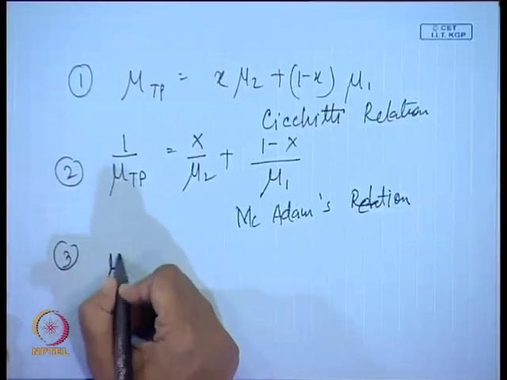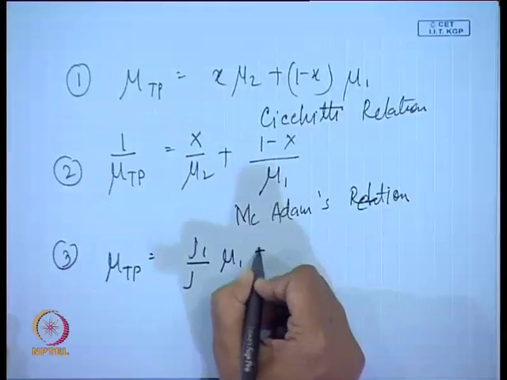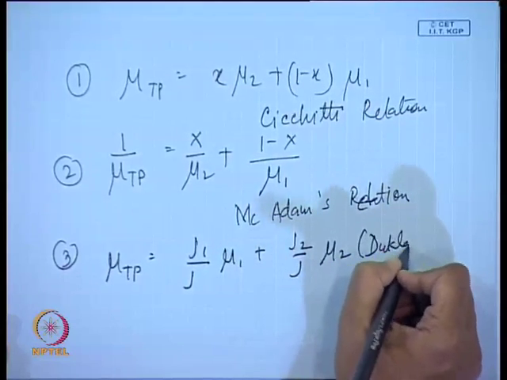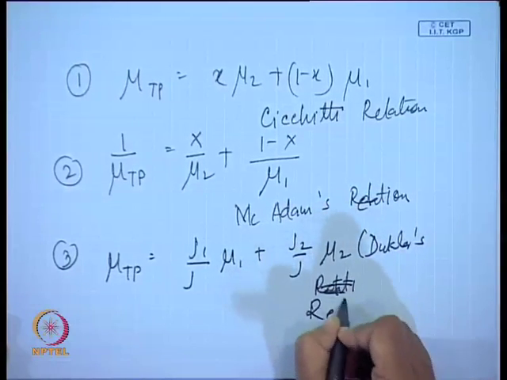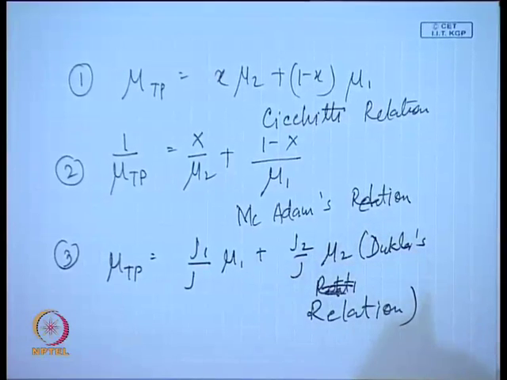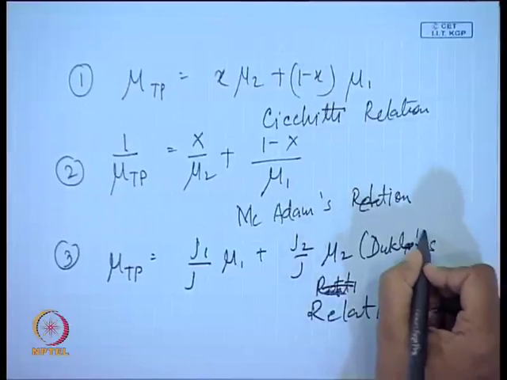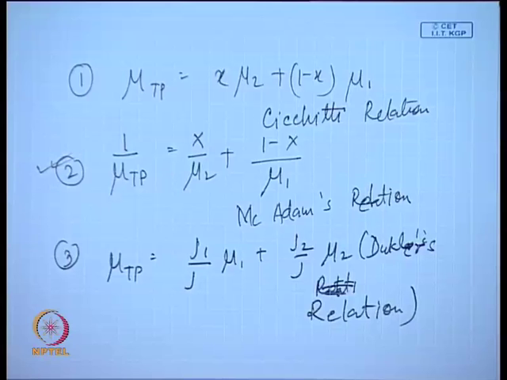And the third one expresses mu TP in terms of volumetric fluxes, known as the Douglas relation. These are the relationships usually used. Out of these, if nothing is mentioned in your tests, or when you have to analyze some two phase flow under homogeneous flow, it is safest to use the McAdams relationship.